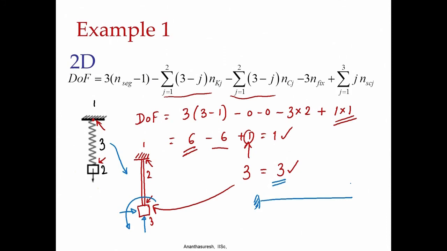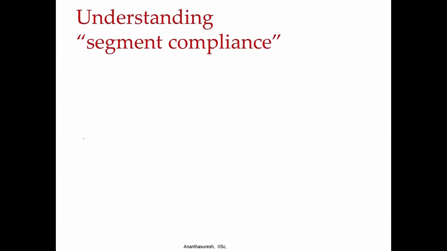That is not true. It will have, if I say the force is being applied only at the free tip, the force can be that way, this way or that way, and that is basically what we have just discussed. So, a cantilever beam has a segment compliance of 3. When in doubt, you take the full. When you know, like in this case of a spring, you take it as 1 because the spring can only go up and down, right.